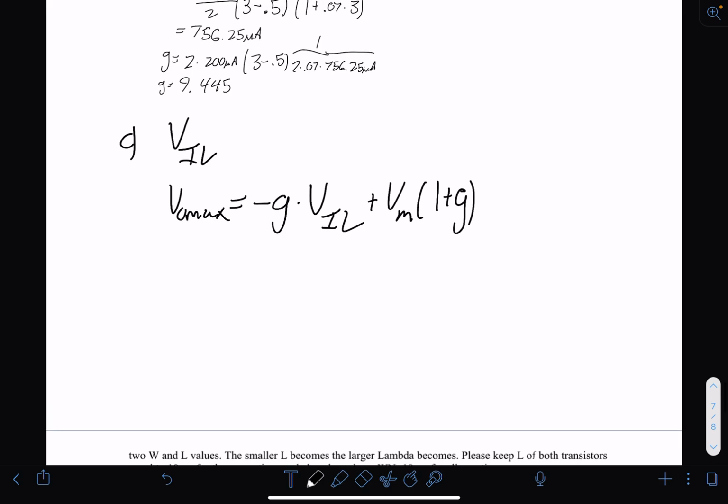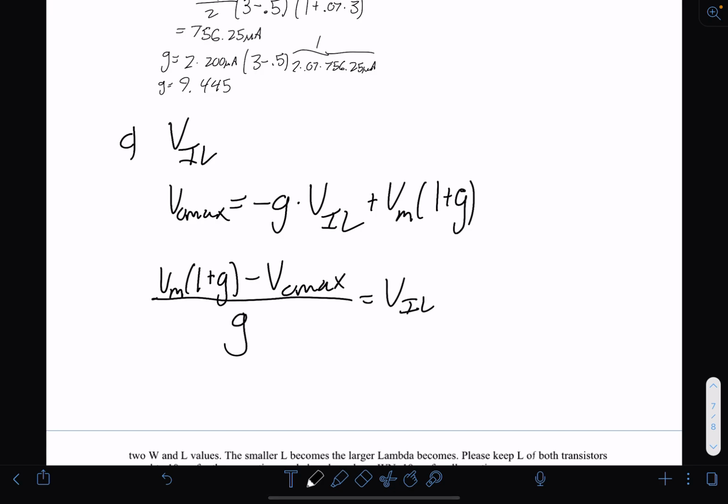First we need to rearrange this equation. It's going to be VM times 1 plus G minus VO max, all over G, is equal to V in low.